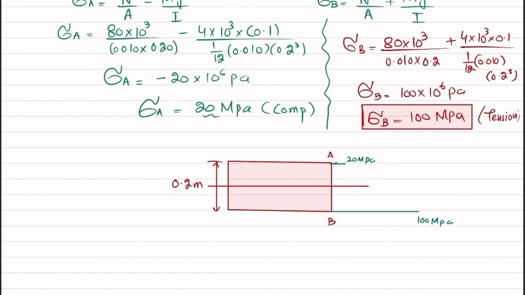The upper one is in compression and the lower one is in tension. So in between these two, there will be a point where the stress goes to 0, and then it will increase and create extension or tension. So this is the stress distribution.